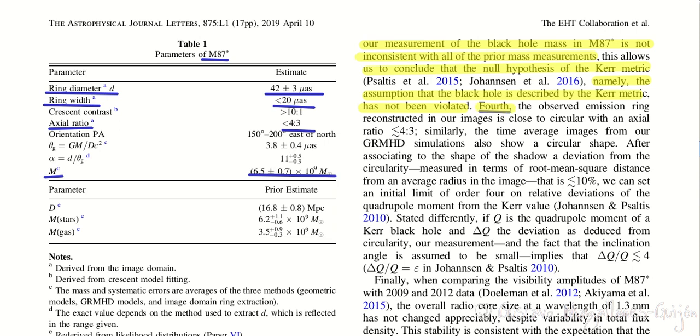Fourth, the observed emission ring reconstructed in our image is close to circular with an axial ratio. Similarly, the time-average image from our general relativistic magnetohydrodynamic simulations also shows a circular shape.